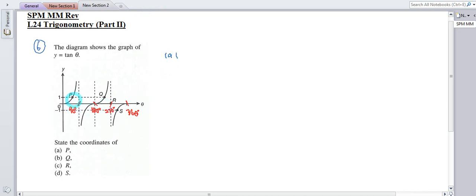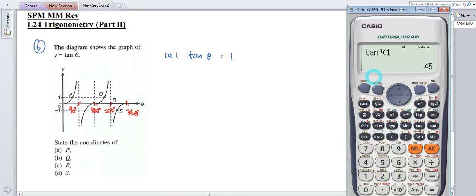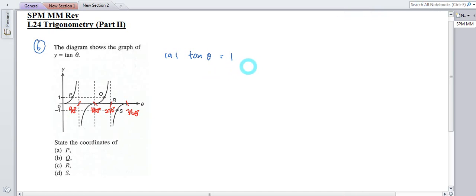So now how to find the p? From here you know that we want the coordinate of p. So tangent theta is equal to 1, right? So you can press the calculator, shift tangent 1, you will get 45. If you want to get positive, you have two possibilities.